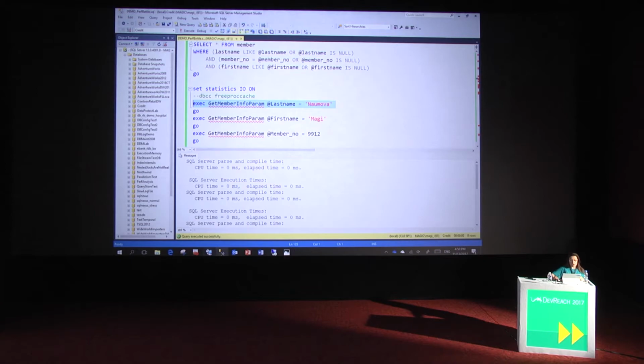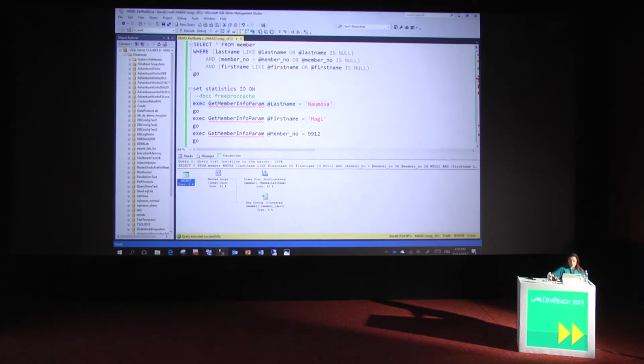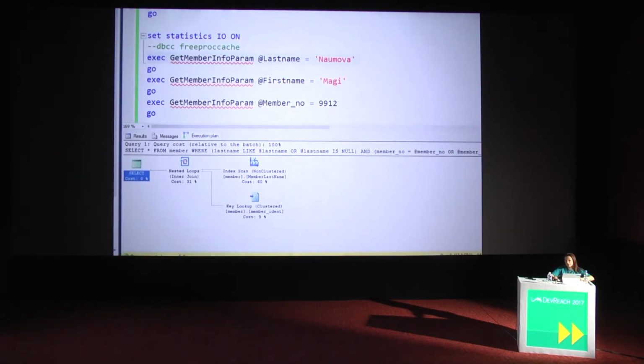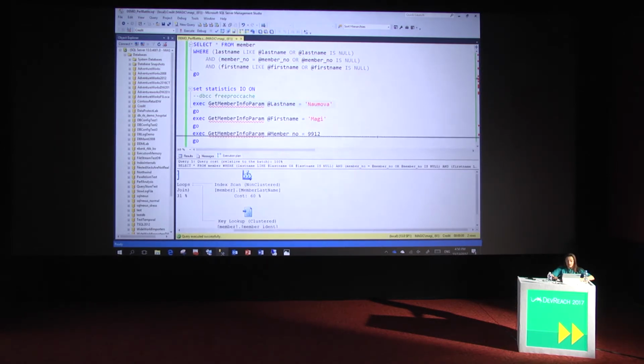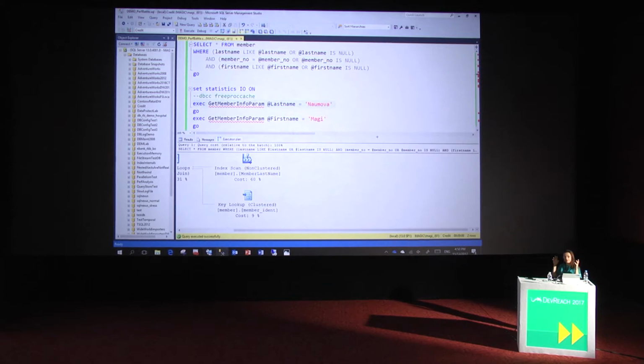The execution plan will be built based on the last name index. Why is that? Because it will sniff the last name as a value, see that I have a last name, and perform an index seek operation on member last name. It will say, hey, I have an index on last name, so I will be able to satisfy that query, and it will be very fast.